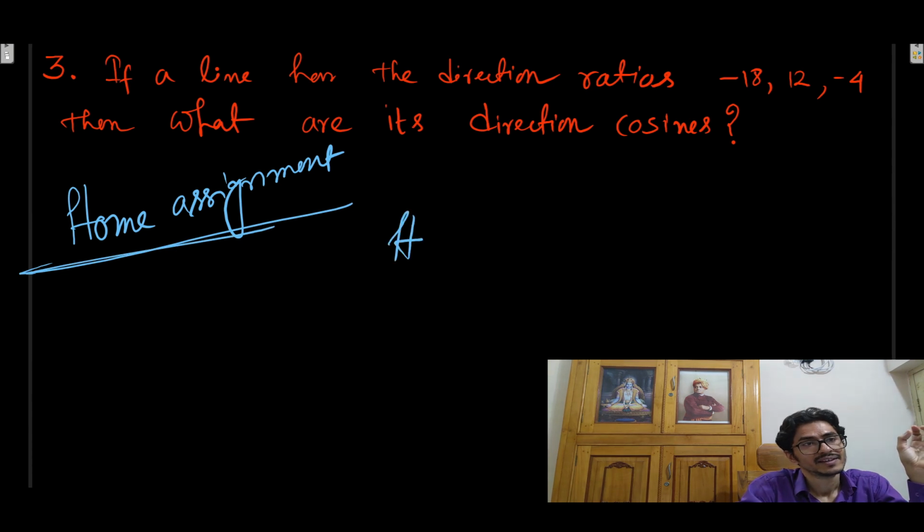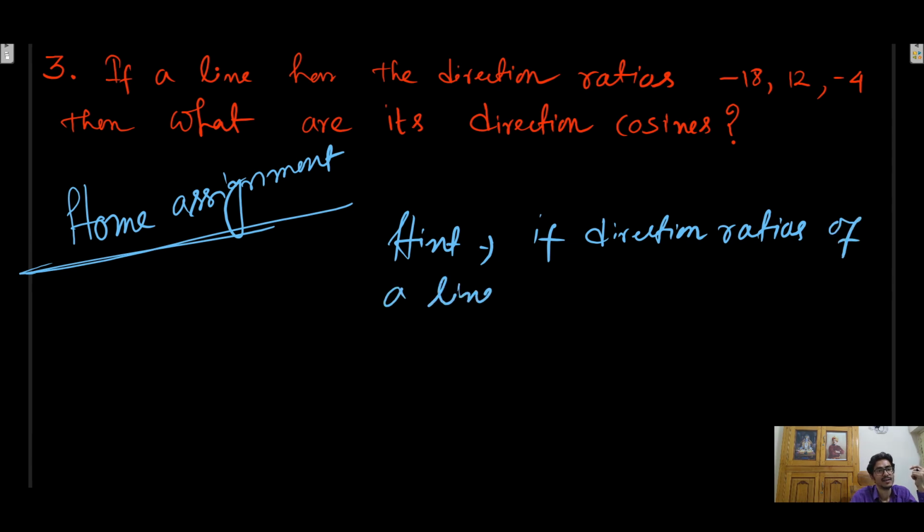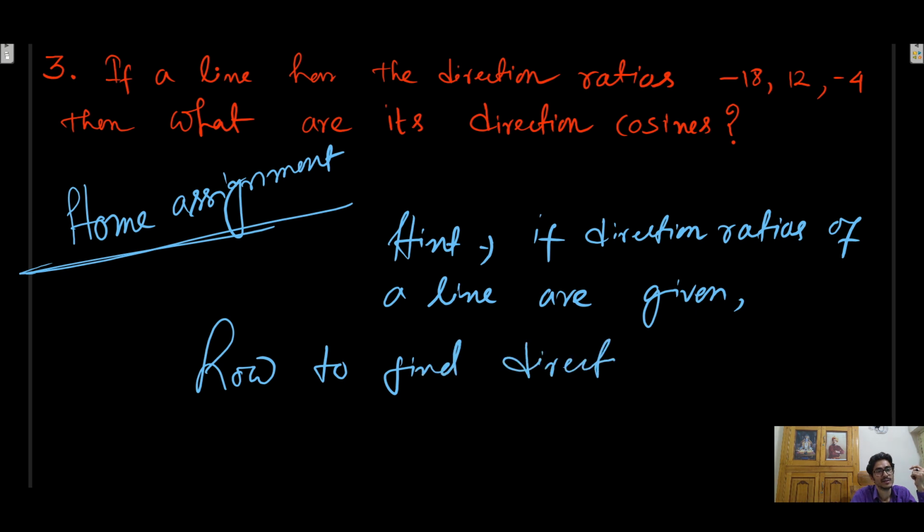I will give some hint. While solving this problem, you just go through the theory. If direction ratios of a line are given, how to find direction cosines?